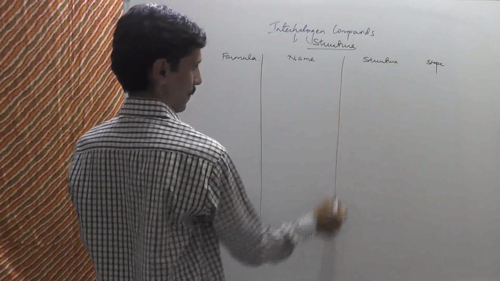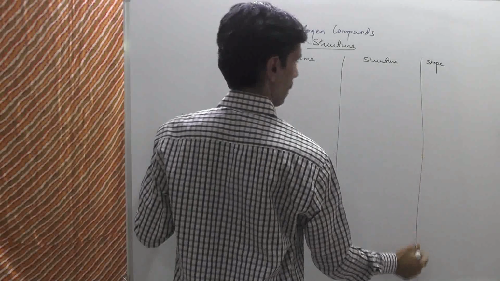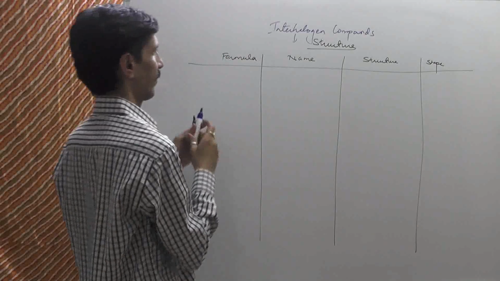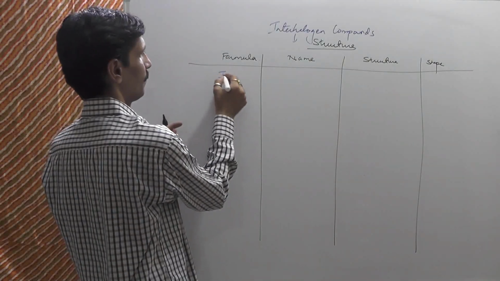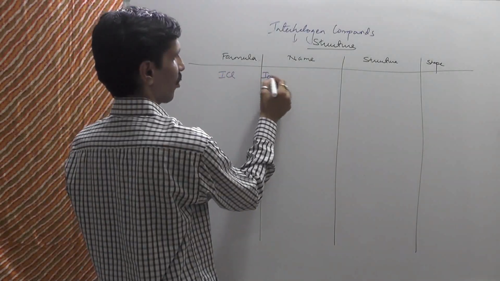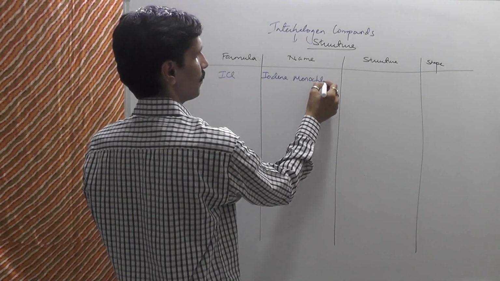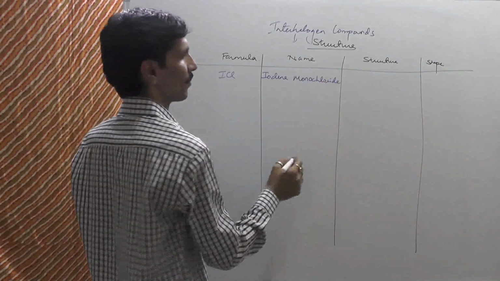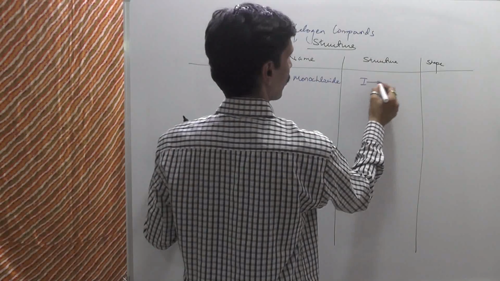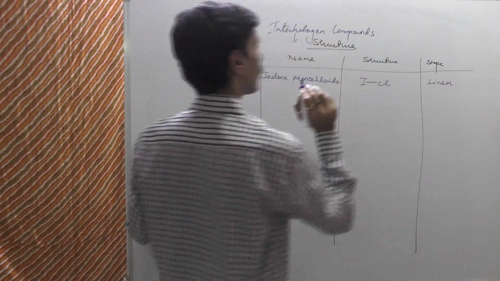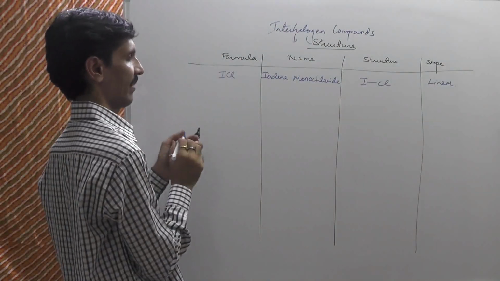So first we start with ICl. This is called iodine monochloride, and we just say it has a linear shape. Okay, that is the first one, ICl.